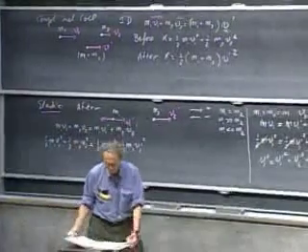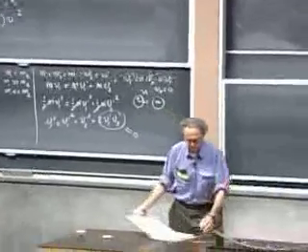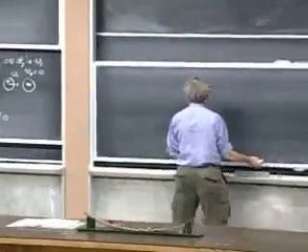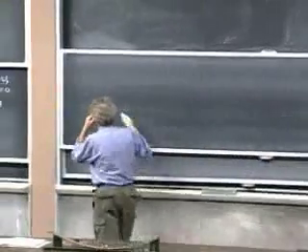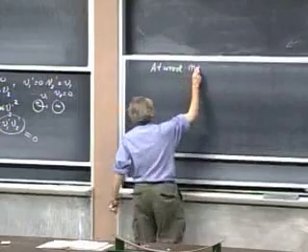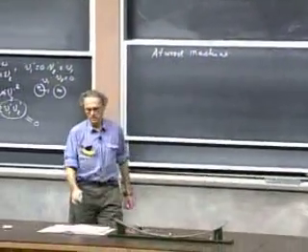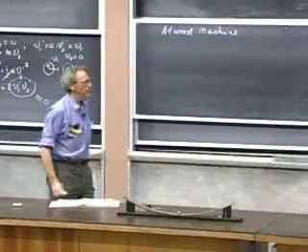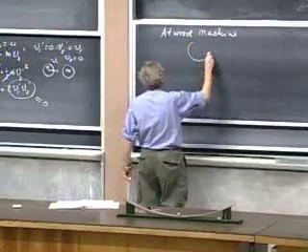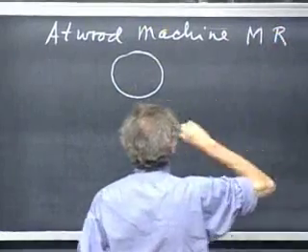All right, let's move on, and let's do something now on torques, angular momentum, rotation, and let's discuss the Atwood machine. Atwood machine is a clever device that allows you to measure to a reasonable degree of accuracy the gravitational acceleration. Here's a pulley. The pulley has mass m, has radius r. It's solid.